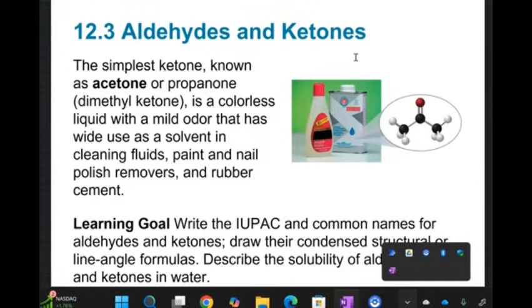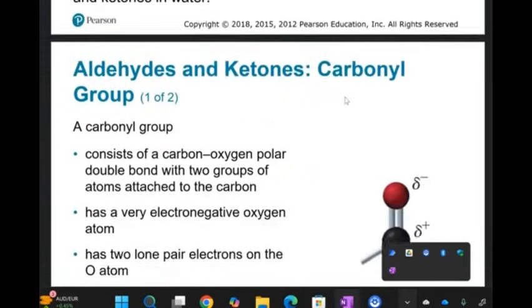Now let's talk about aldehydes and ketones, and we group them together because there's something in common between them. They contain a double carbon-oxygen bond. You're probably familiar with acetone being a component of nail polish remover and various chemical cleaning fluids.